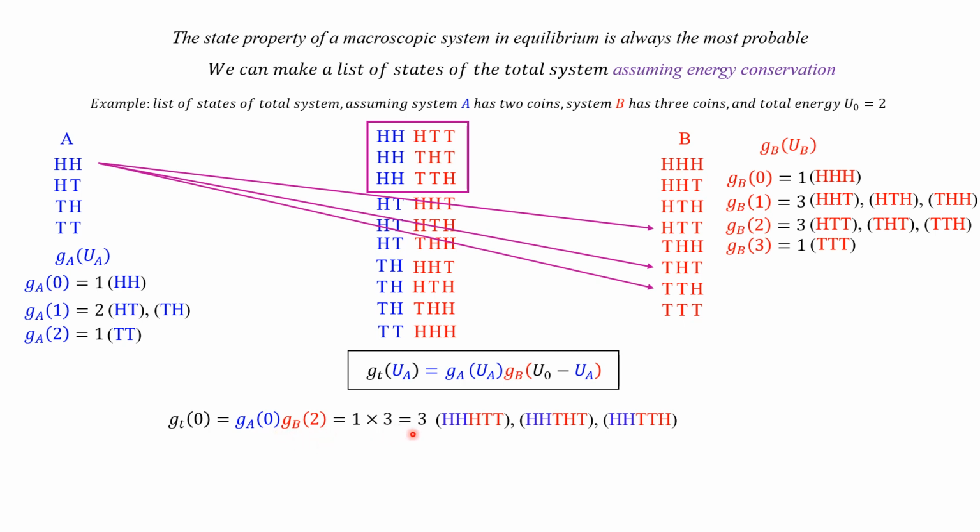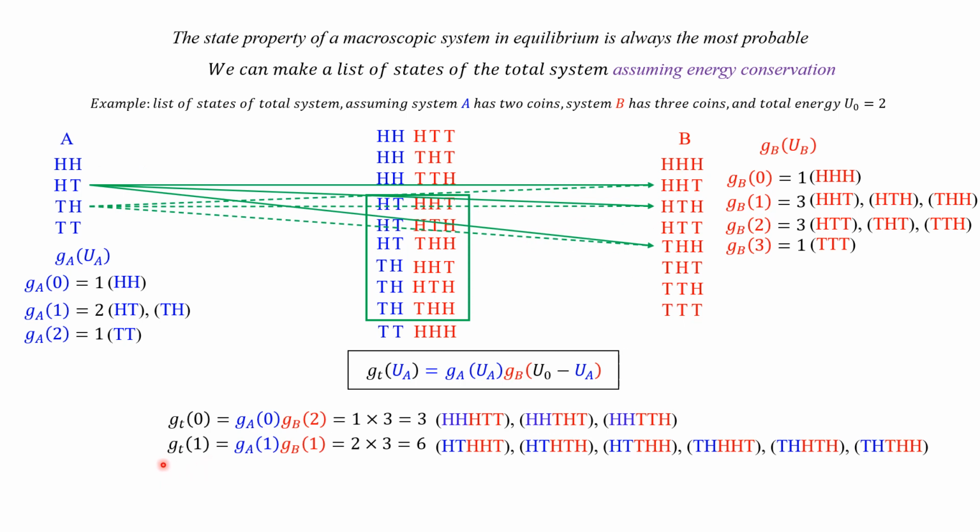So we get this number 3 because we have one state in one system and this state can combine with 3 states of the other system. Recall that this is 3 because this is the number of states of system B having 2 units of energy, having the complementary energy.